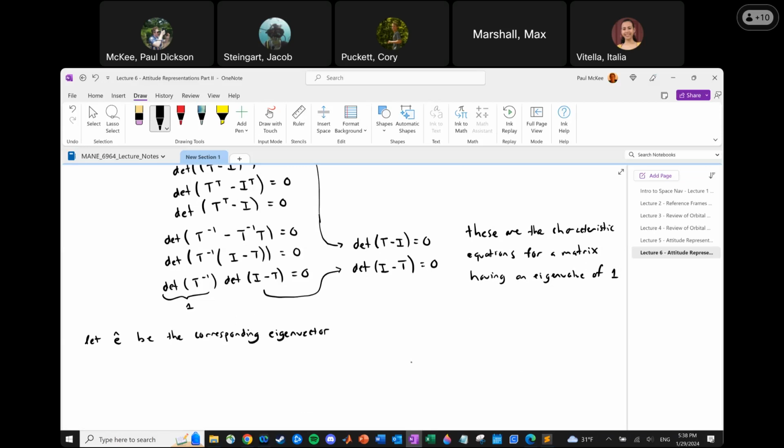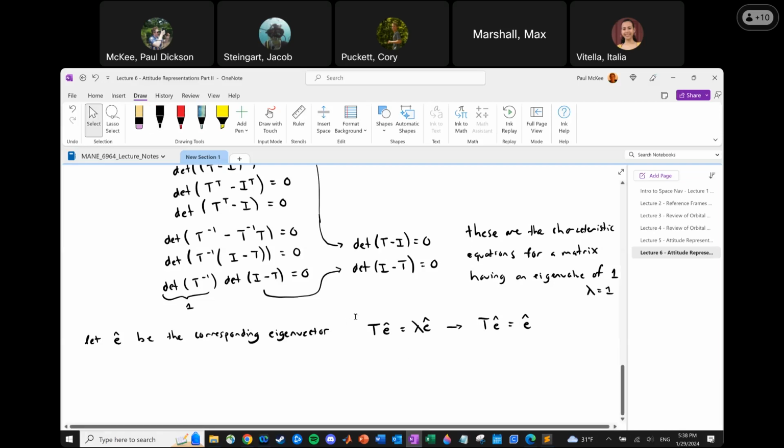And what that tells us is that T E hat is equal to lambda E hat. But we know that our eigenvalue is 1. So T E is equal to E.